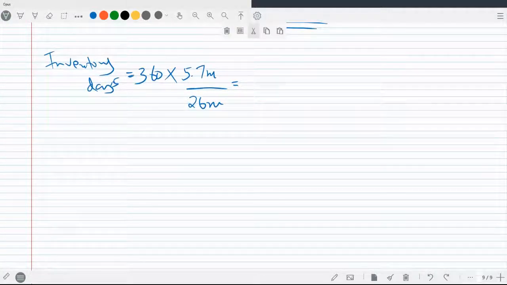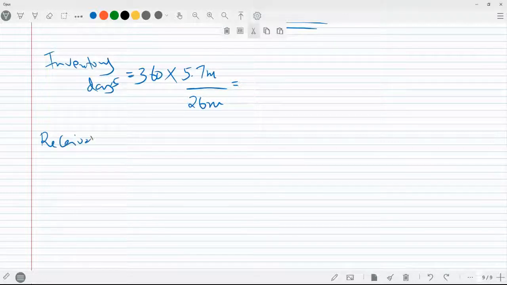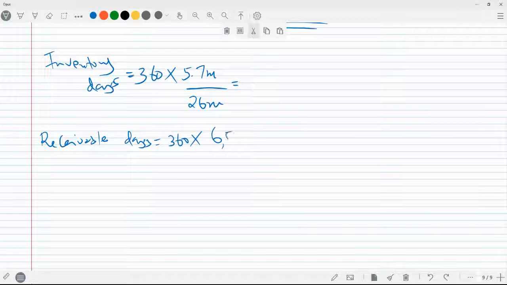Okay, then you have the days for receivable. The 360, we multiply by the receivable investment, which in this case is equal to 5,675,000. We divide by the sales made on credit, 40 million. That gives therefore the days for receivable.